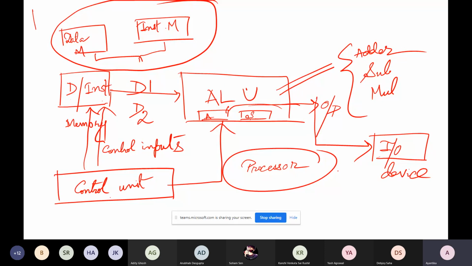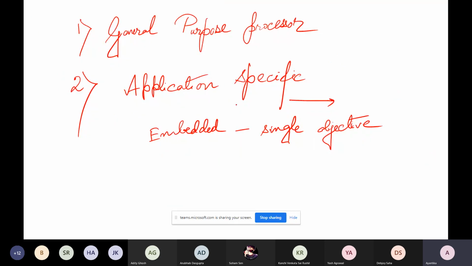So if you want to do a very complex operation, you may not be able to implement that in that application specific processor, because those basic modules may not be present there. That way, an application specific processor is very much suitable for the embedded scenario, right? So is it clear so far?